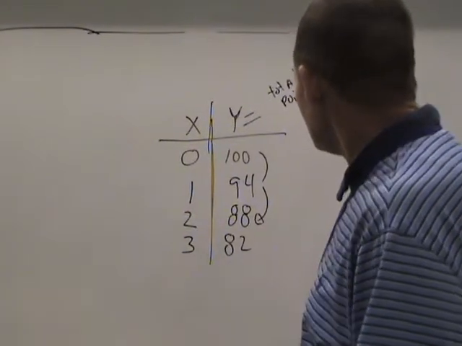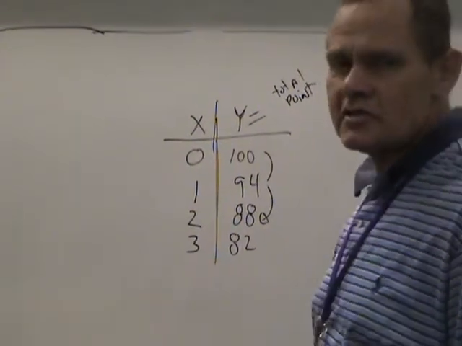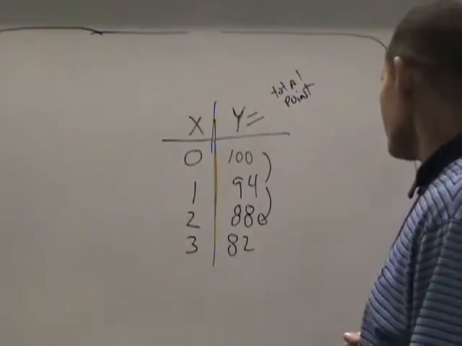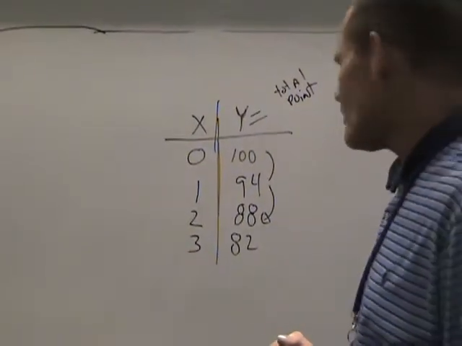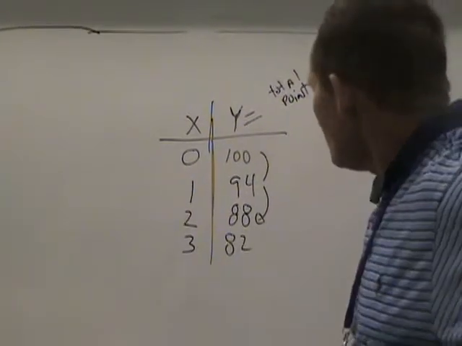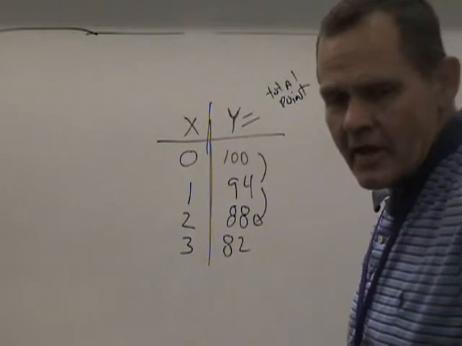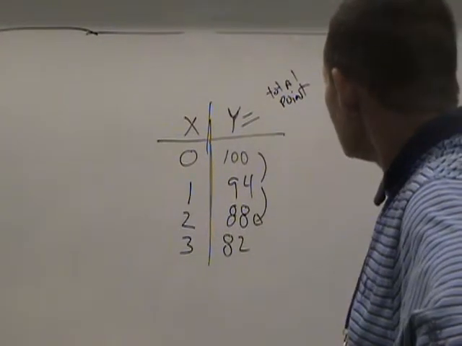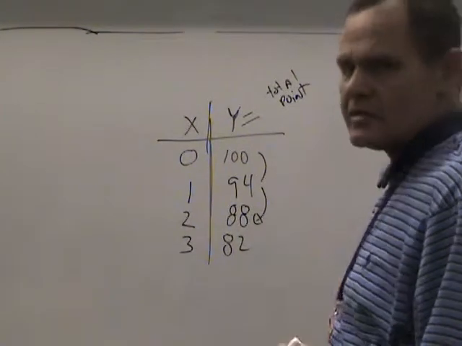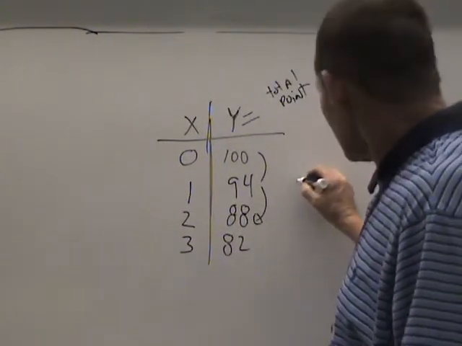Now, this is a decreasing slope, so it's going to cause something semi-funny on the graph. What we have to ask ourselves now is the amount of points here. It's a little confusing.